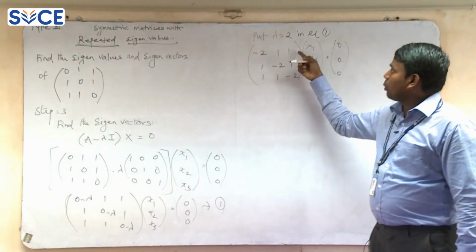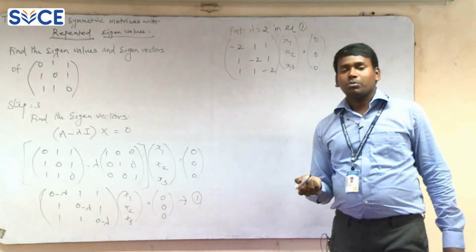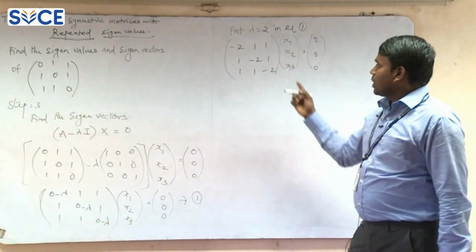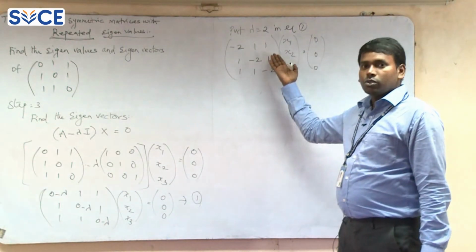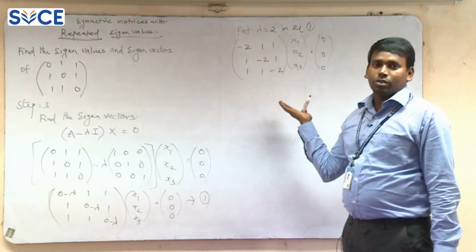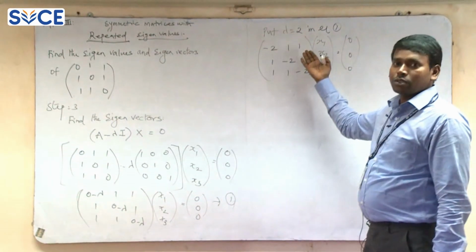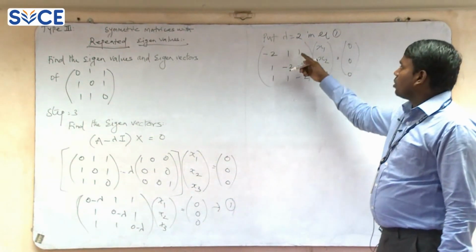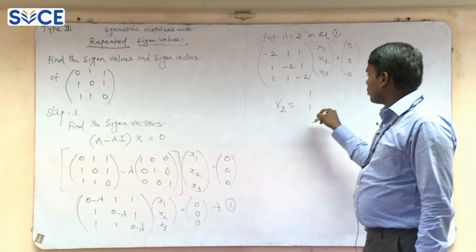Our concept is, by the rule of cross multiplication, we take any two different equations. Here you can take 1 and 2, or 1 and 3, or 2 and 3. So by the rule of cross multiplication the second eigenvector is 1, 1, 1.